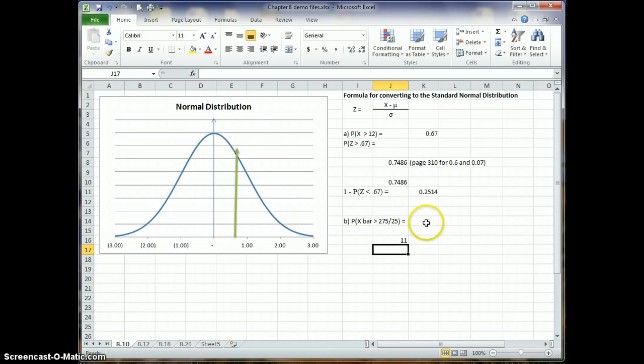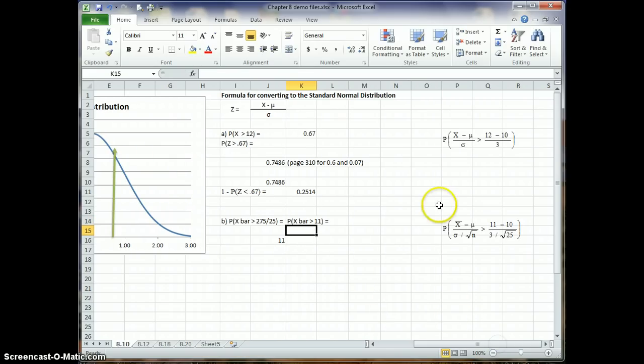So in this case, I put X bar here for the sample mean, and I just set it as X bar because it's easier than putting the bar over in terms of the notation here in Excel. But again, P of X bar greater than 11 is equal to, and let me scroll over here, I've got this formula written out.